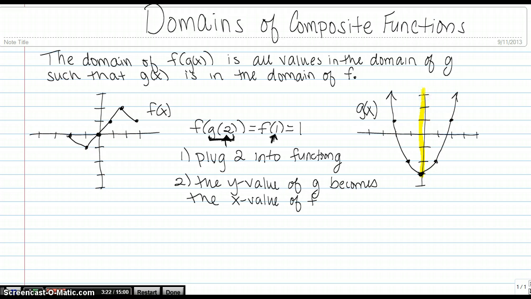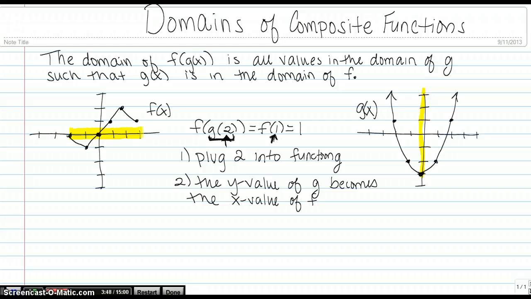Well, unfortunately, function f does not start its domain at -3. Its domain only goes from -2 to 3. So when I look at function g, I can only use the y values that are from -2 to 3.